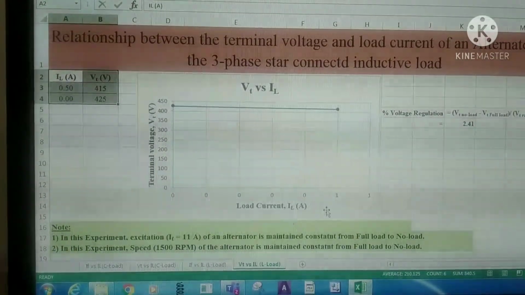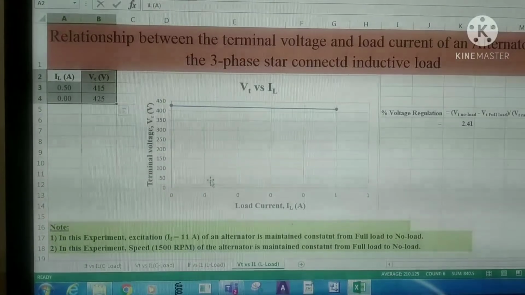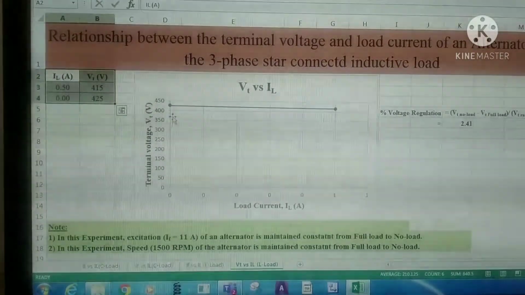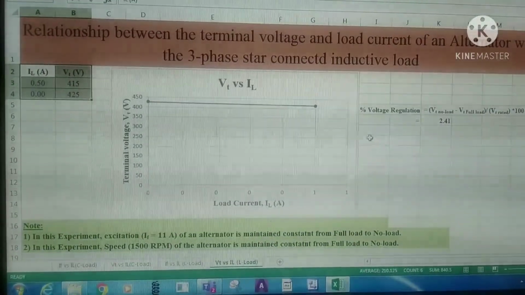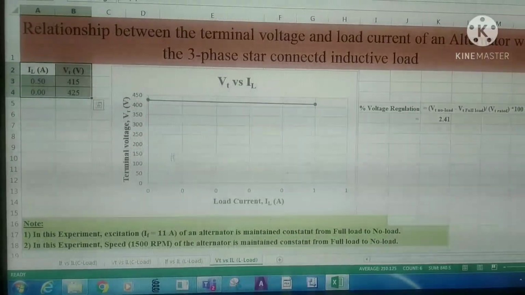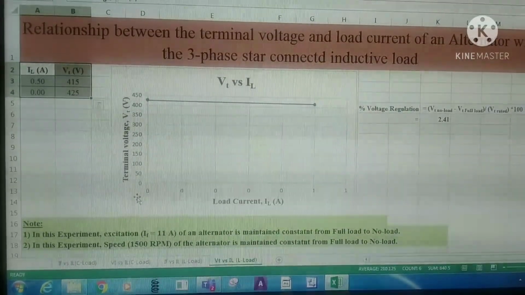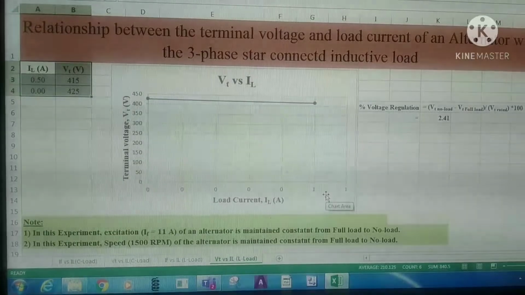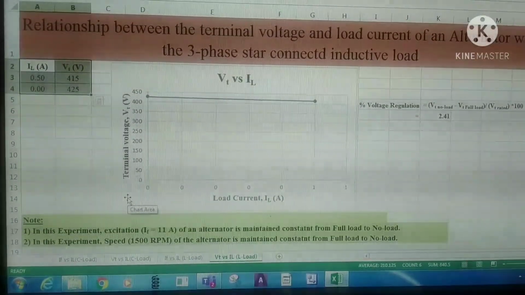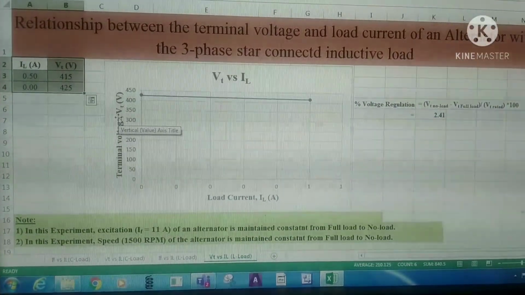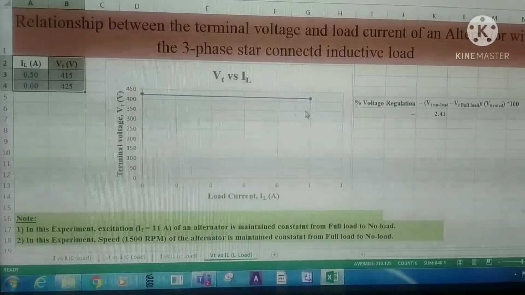On the x-axis we have taken the load current in amperes, on the y-axis the terminal voltage in volts. If we observe these characteristics, as load increases, the terminal voltage will decrease.